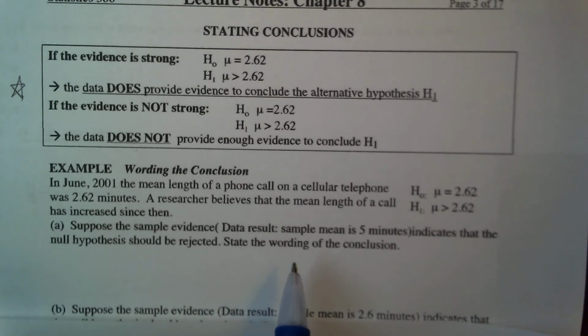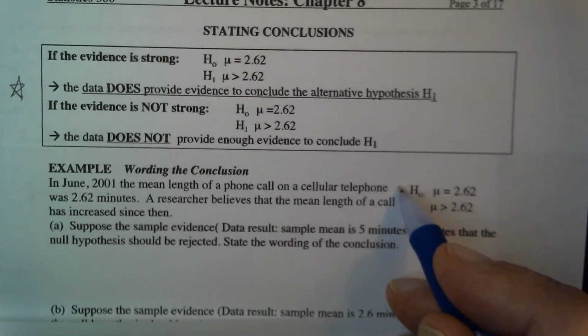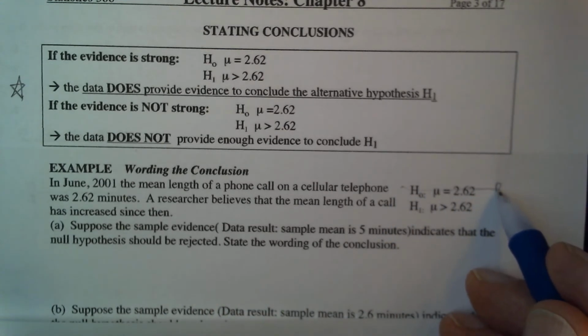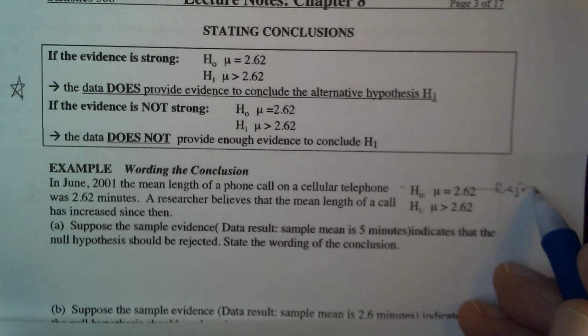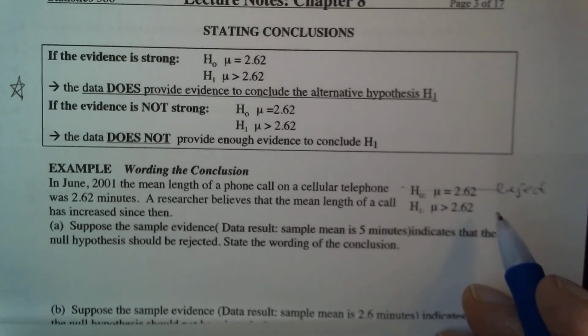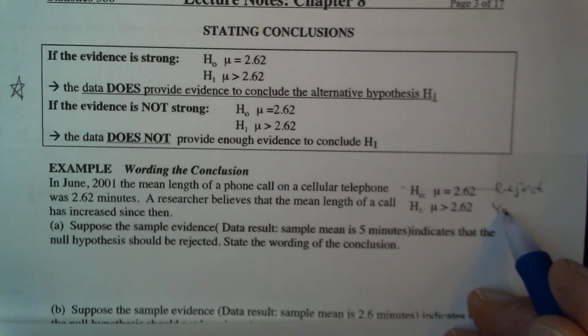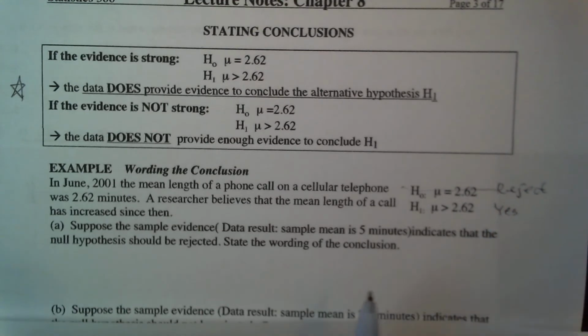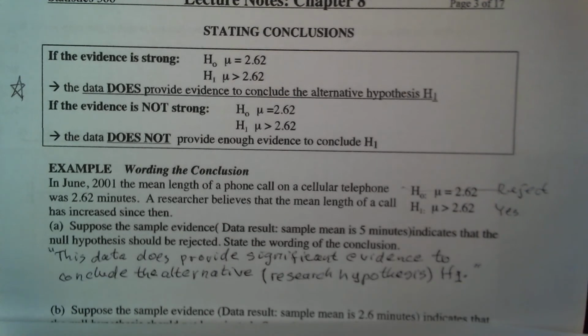State the wording of the conclusion. So in other words, we reject the null hypothesis. And so we say yes to the alternative hypothesis. And here's how we say it. So in conclusion, we write, this data does provide significant evidence to conclude the alternative or research hypothesis H1.